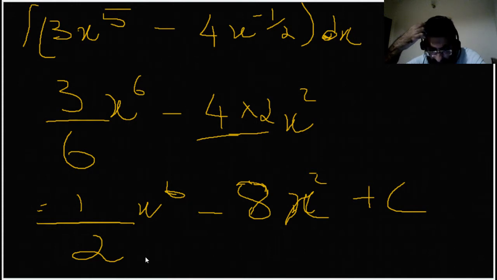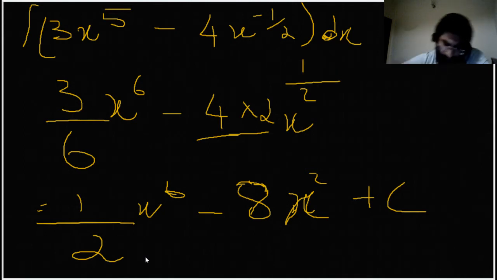Second isn't correct. Minus half plus 1 would be what? Sir, you know what I meant. So 1 by 2 over here. Perfect. Next.